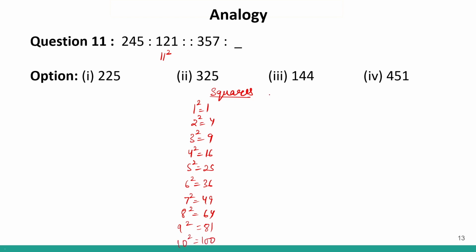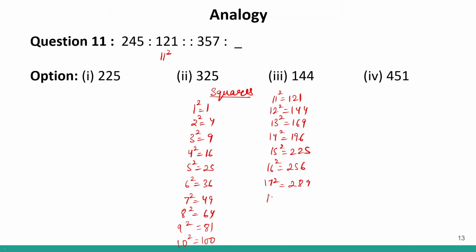Correct? Similarly, 11 square is 121, 12 square is 144, 13 square is 169, 14 square is 196, 15 square is 225, 16 square is 256, 17 square is 289, 18 square is 324. Then 19 square is 361 and 20 square is 400.